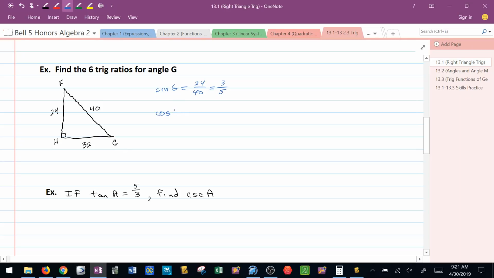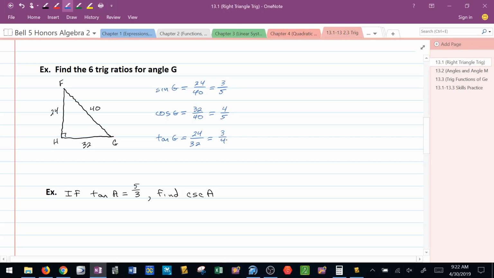The cosine of G is going to be adjacent over hypotenuse, which would be 32 out of 40. And again, I can simplify that to 4/5. The tangent of G is going to be opposite, 24, over adjacent, 32. And if I simplify that, I get 3/4. So I found the 3 basics.